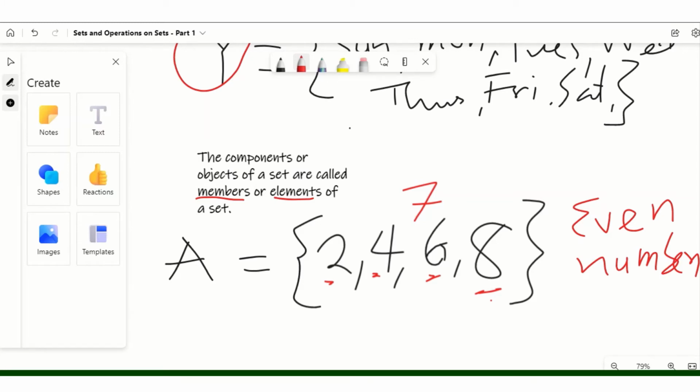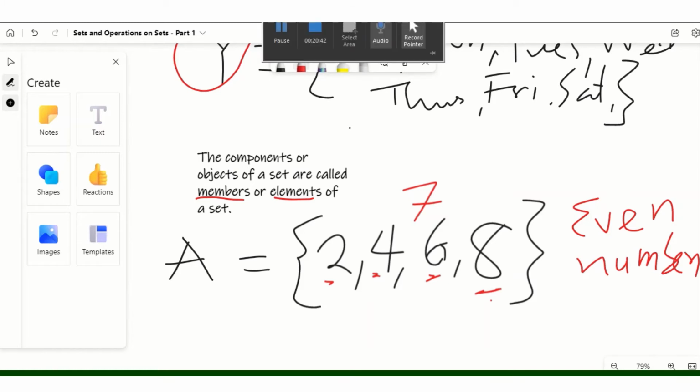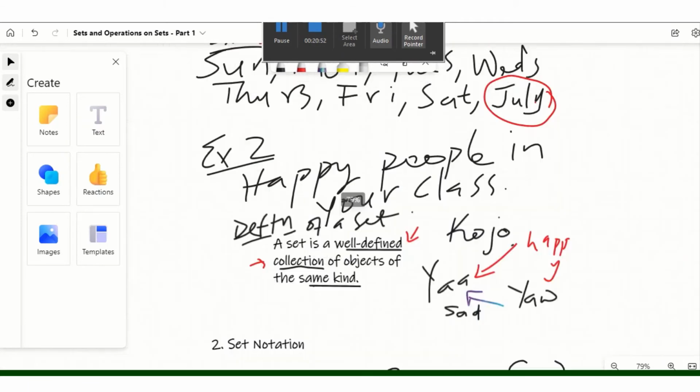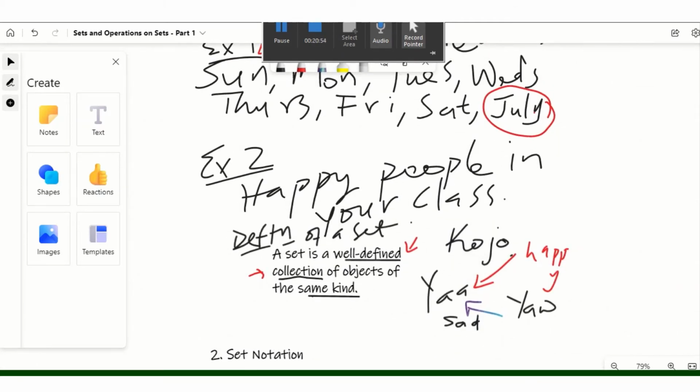Remember we said that for a set to be a collection of objects, it must be well defined. It must be of the same kind.